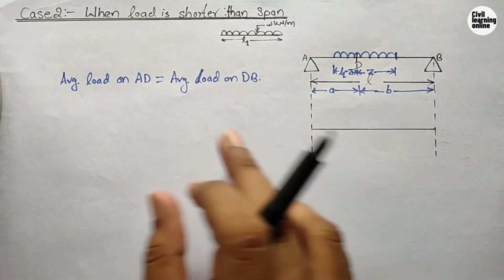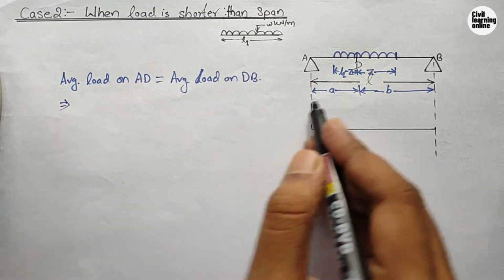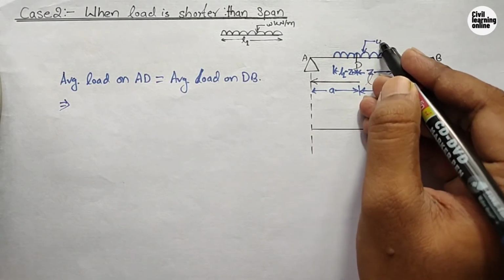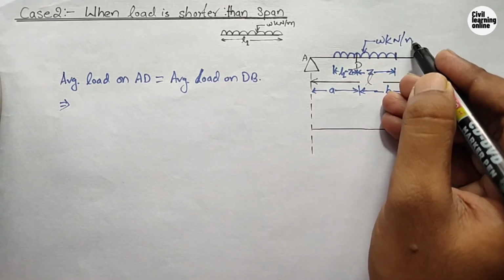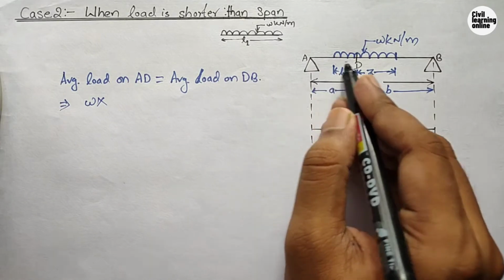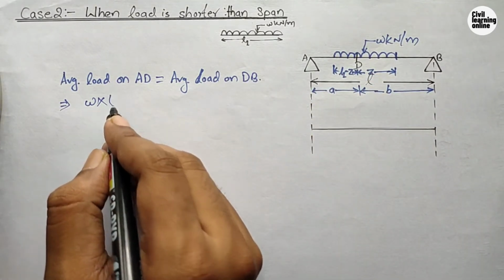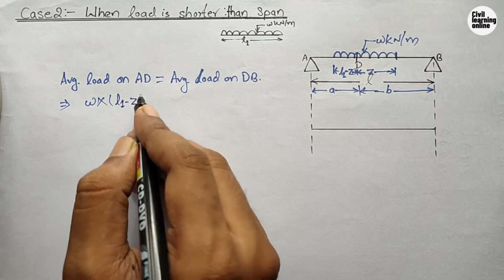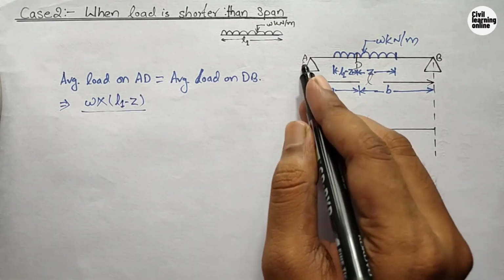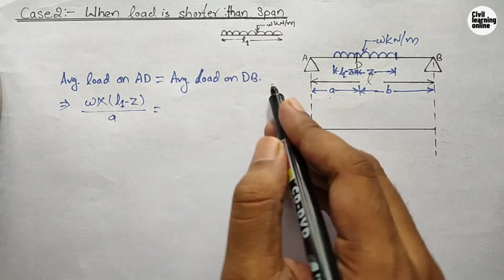So now how we can easily find the average load on AD? This is UDL W kilonewton per meter, so W times the span of load on AD, which is L1 minus Z, divided by the span of AD, which is A, will be equal to the average load on DB.